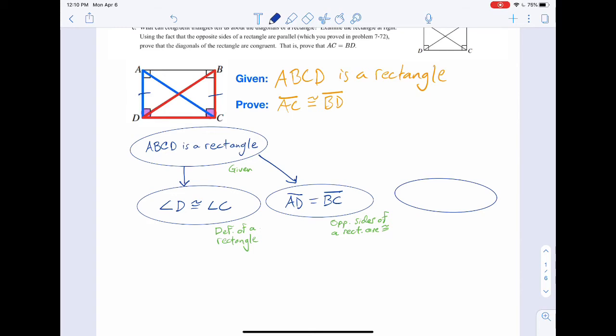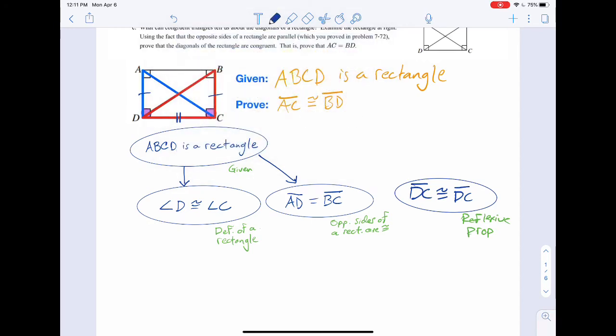Hopefully you saw that this side here is congruent to itself. So we could put DC is congruent to DC. Reason: reflexive property. Or you could have written shared side.